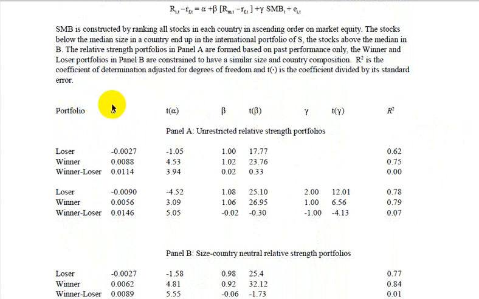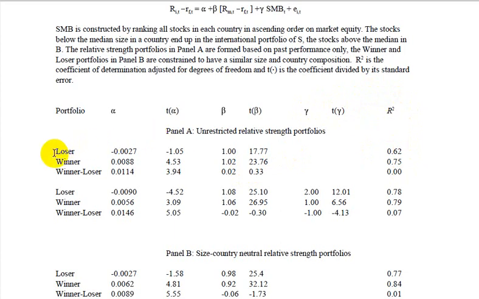And so our table here has a column for the alpha and t statistic for the alpha, and then the market beta and its t statistic, and then the beta for the size, the small minus big, and the t statistic, and then we have an R squared, which tells us the goodness of fit of this regression.